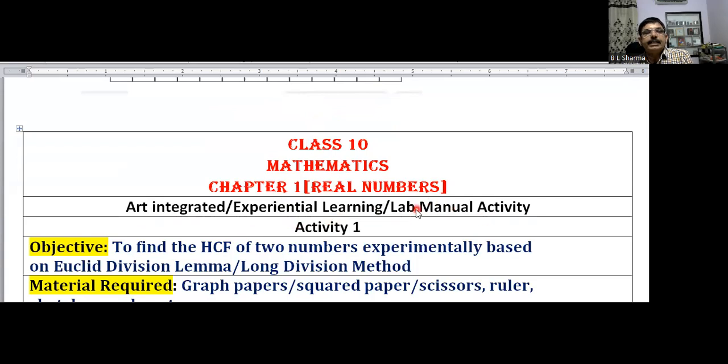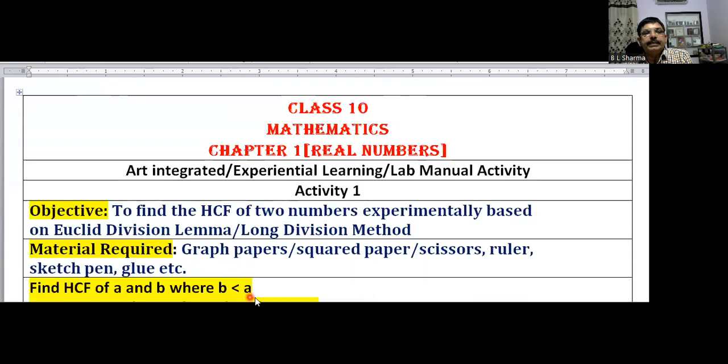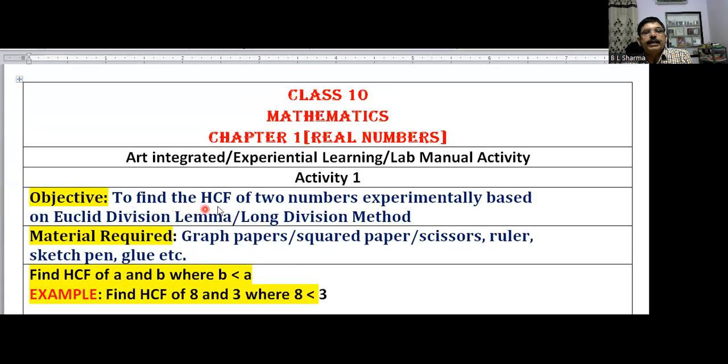You can say this is activity number 1, and the objective of this activity is to find the HCF of two numbers experimentally based on Euclid's division lemma, means the long division method. Material required is some graph papers or square papers, scissors, rulers, sketch pens, some glue, etc.